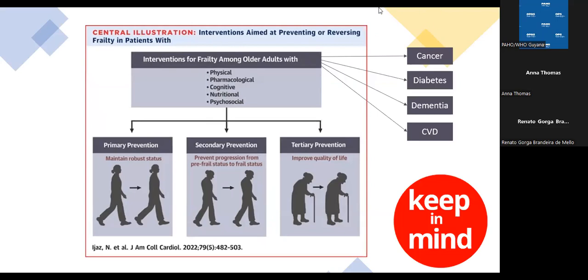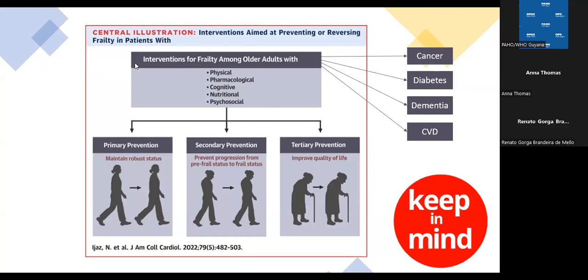We have to plan interventions aimed at preventing or reversing frailty in patients with any clinical conditions. And we have to think about it always when you are planning, when you're developing a treatment plan to care for an older adult.